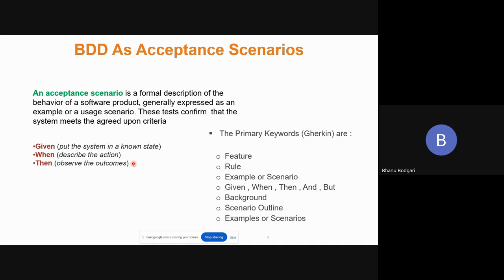So but is used in that context. But 90% of the time we will end up using given, when, then, and the business, all the other stakeholders and everybody should definitely be aware of these 5 keywords.